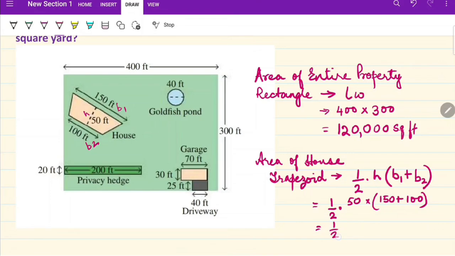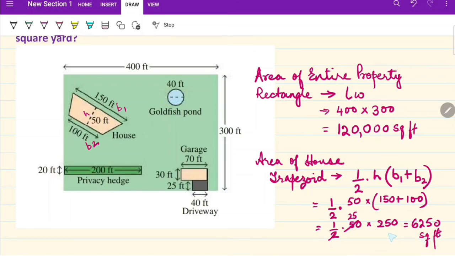So we'll end up with 1/2 times 50 times 250, correct? 50 divided by 2 is 25. So we will have 6,250 square feet. So the area of the house, with these measurements given to us for the two different bases and the height, is 6,250 square feet.